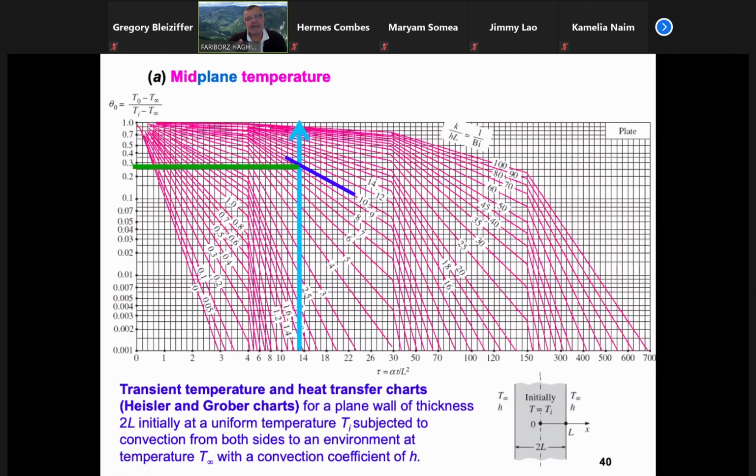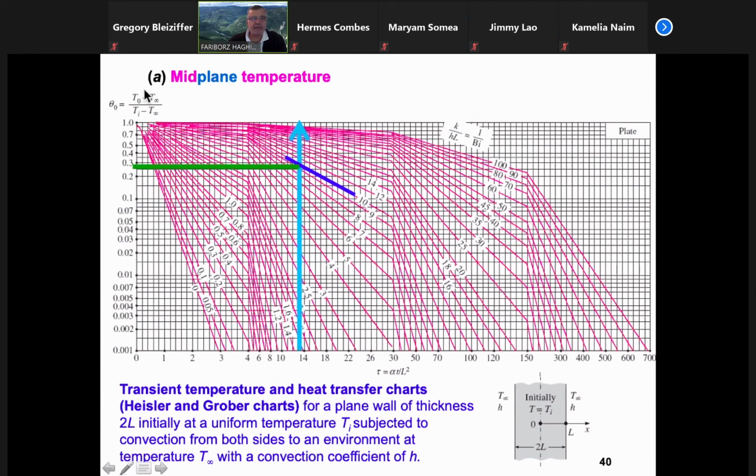Therefore, now we have a graph. Rather than doing the calculation using the values from table 4.2 and so on, I can quickly use this graph because I know the Fourier number, I have 1 over Biot number, and wherever they cross, I go straight here and read T0, the temperature at the center that I'm looking for, minus T infinity, it was 25, 1000 minus 25, is equal to 0.75, something like that.